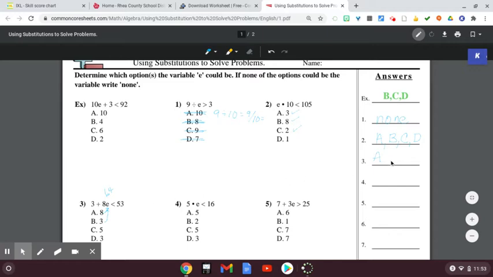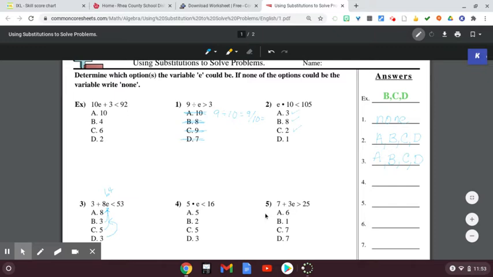Yep, that's still going to be less than 53, so B is still an option for us. 5, let's see if that'll work. So 5 times 8 is 40, plus 3, 43. Yeah, that's going to work as well. And then if you noticed already, D is exactly the same as B, so we can automatically put D up here.